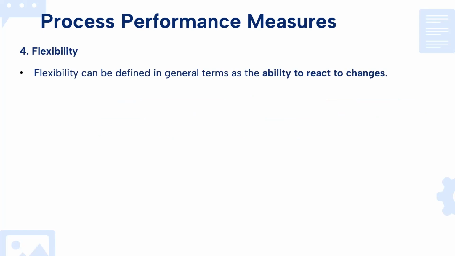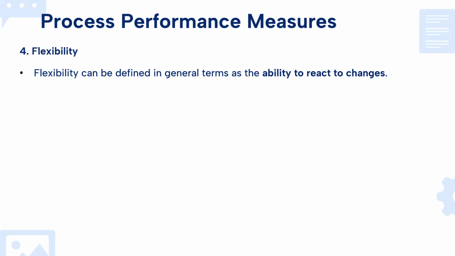In smooth conditions, we don't have to react to changes, but in the actual world, in actual organizations, there are internal and external environment factors that make you react to changes. For example, during the COVID era, manufacturing organizations had to face shortages of raw materials and shortages of orders.